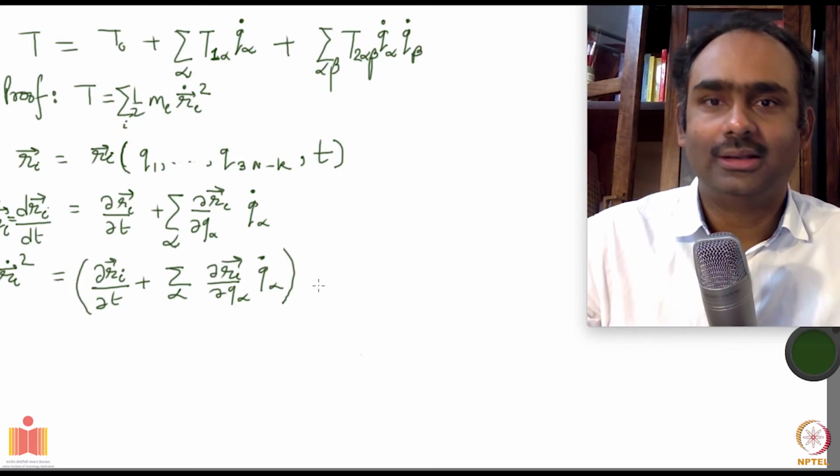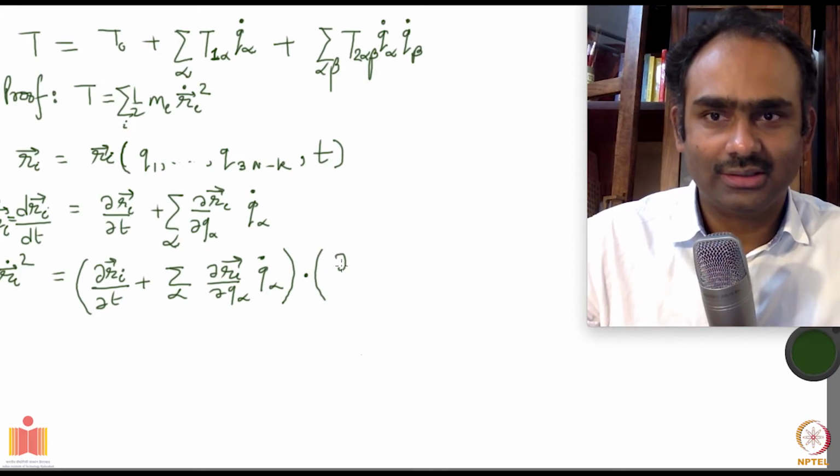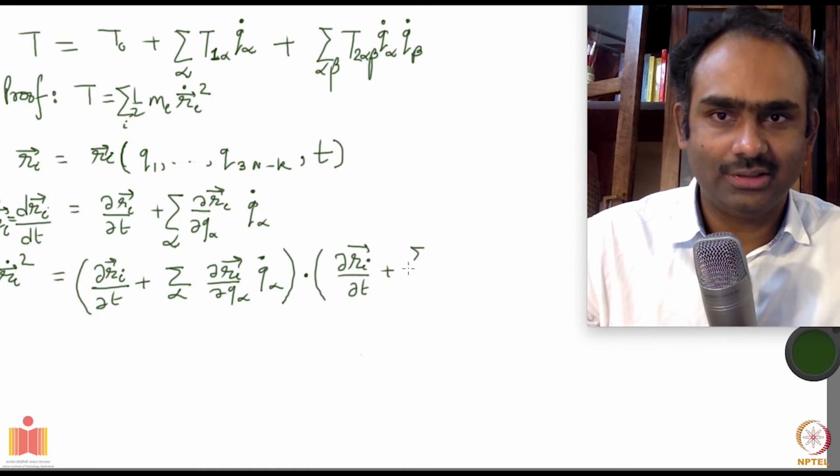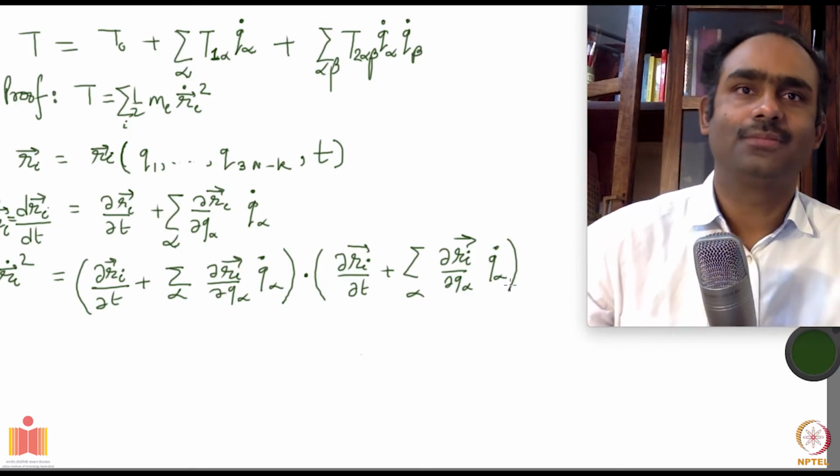Then I should dot it with again the same piece, del r_i over del t, remember i is the label for the particle, plus summation del r_i over del q alpha dot, summation over alpha.